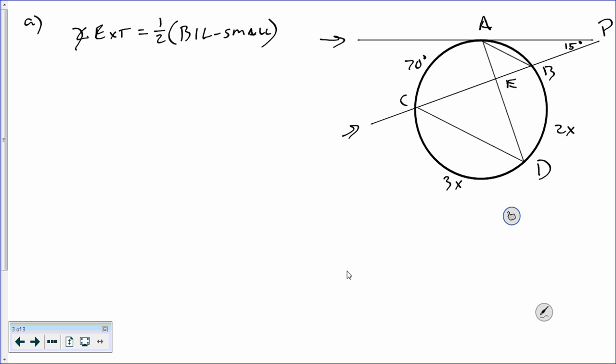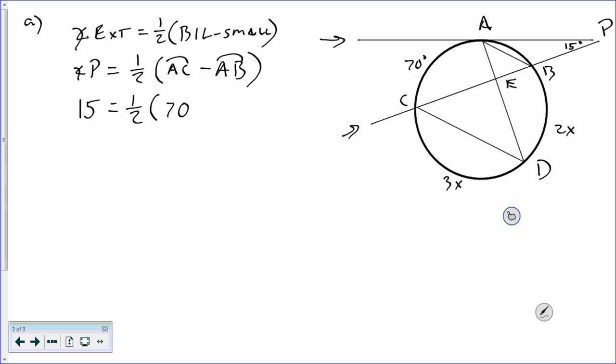Okay, so here, angle P is equal to 1/2 of your big one, arc AC, minus your small one, which is AB, which is what we want from the problem. The problem wants to know the measure of arc AB. So, just a little bit of quick algebra. I know P is 15. They told me arc AC is 70 degrees, and AB is what we're trying to figure out.